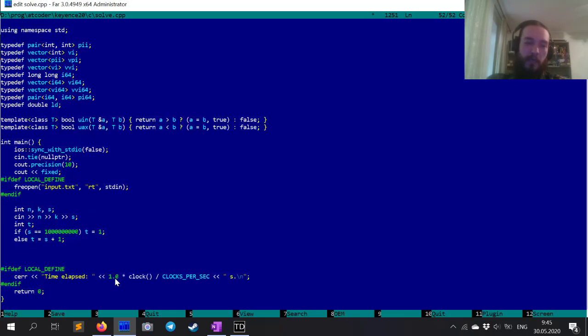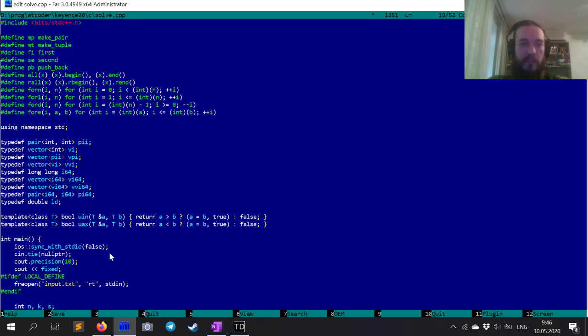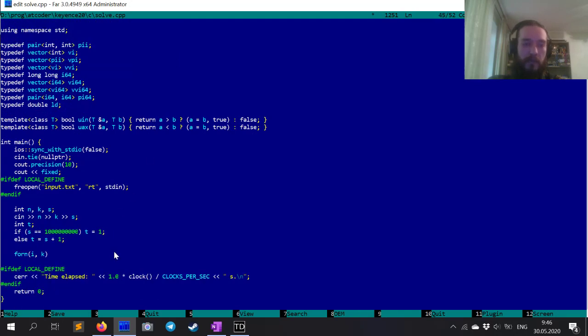Okay, so now we have to output k copies of s and then n minus k copies of t. This is a shortcut, another shortcut that I use for a cycle. This is the same thing as this.